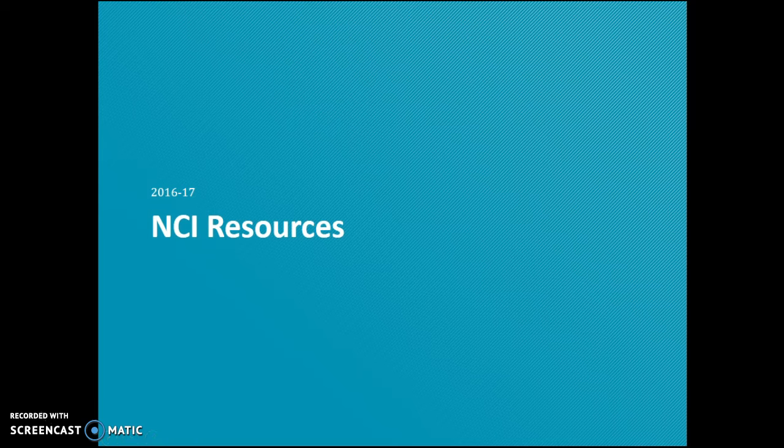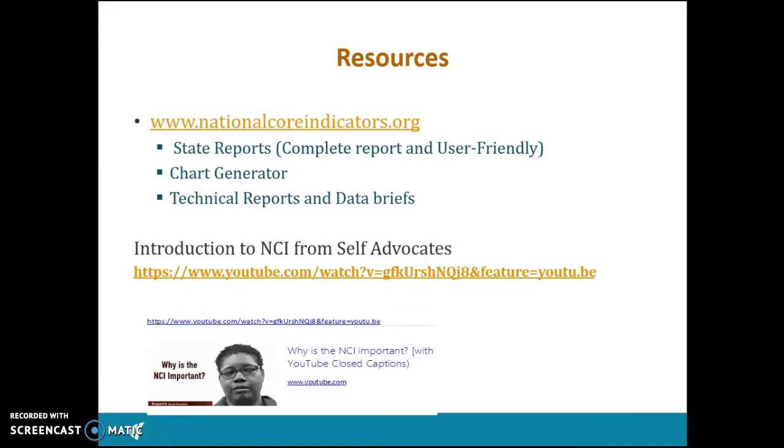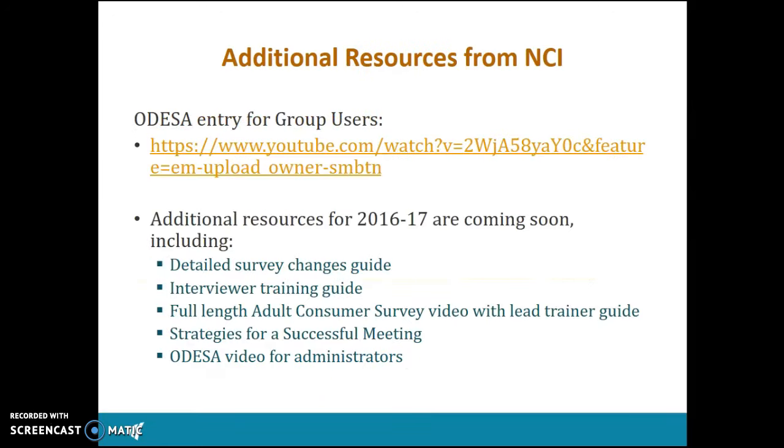So we have a whole host of NCI resources for interviewers to use. They can all be found at nationalcoreindicators.org. This is just a list of some of those resources, including a chart generator if you're curious how your state is doing. We have an introduction from NCI self-advocates to talk about why NCI is important to them.